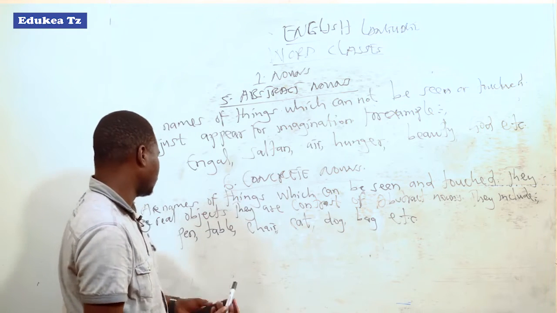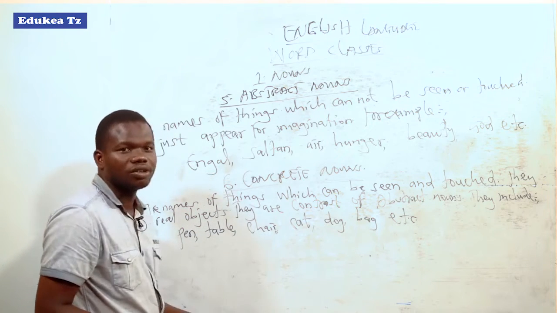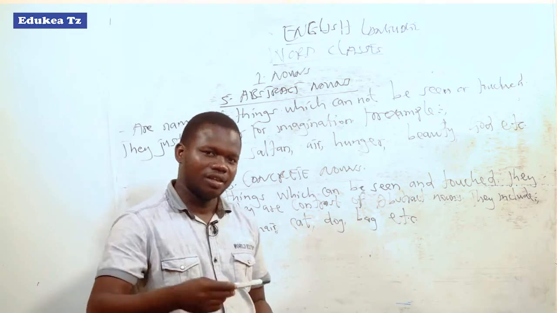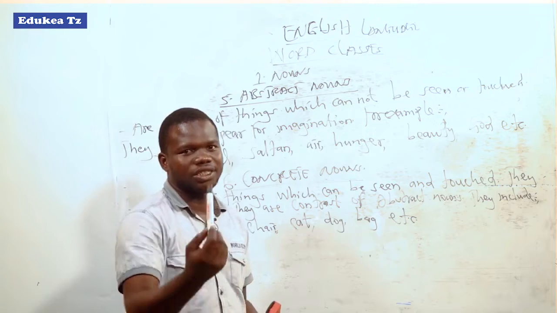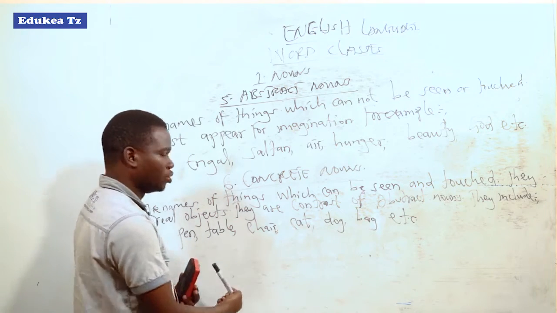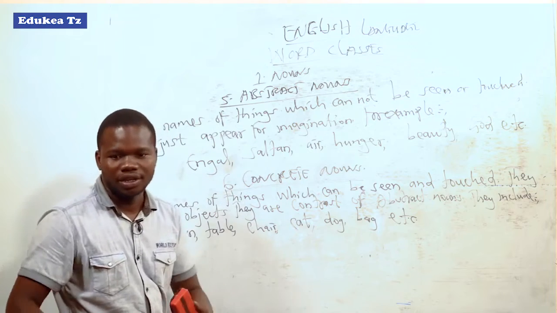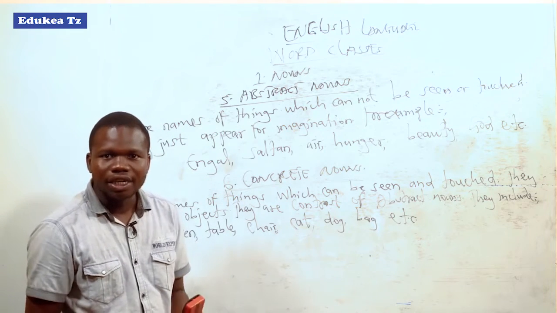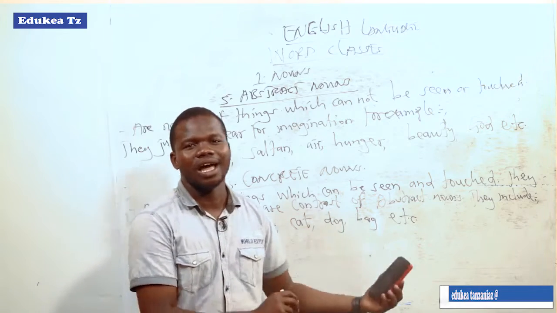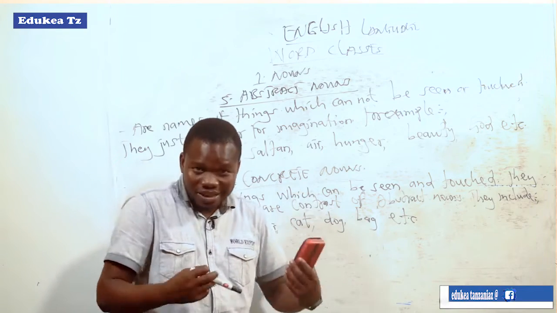They include a pen. So a pen can be either seen or touched. We may touch it, we may catch it, just like what I have. Again, table. We may have a table. We may take it, remove it from one place to another. So this is a realistic object.